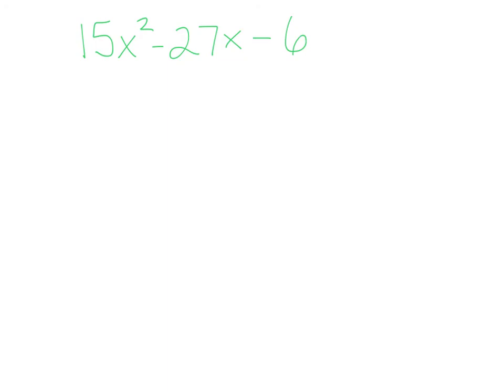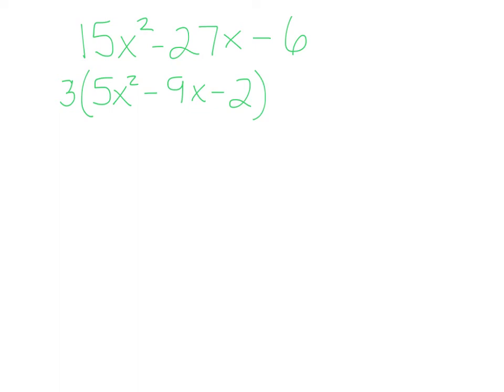Looking at this problem, we want to say, is there anything that goes into all three of those numbers? I see they don't all have x's, but yes, 3 goes into all of them. So when I take out a 3, what am I left with? 5x squared minus 9x minus 2.